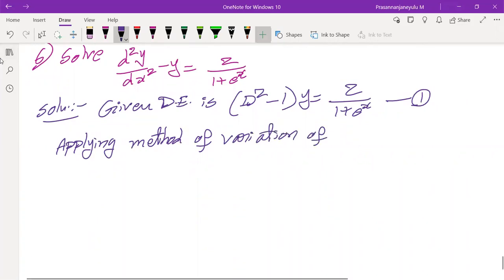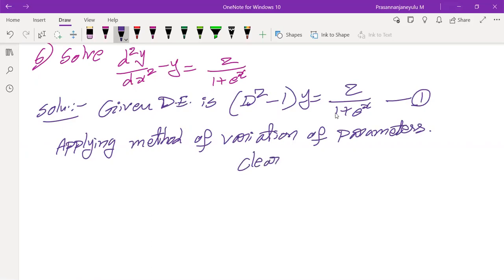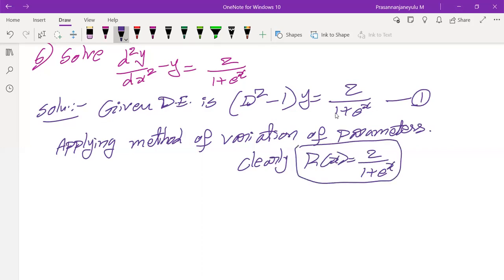So clearly r of x equals what we can say, 2 by 1 plus e power x, which is available in the right hand side part of equation number 1. It is just r of x, just for our future reference.